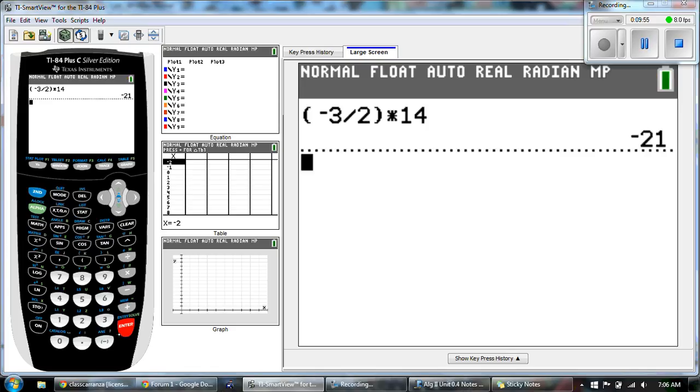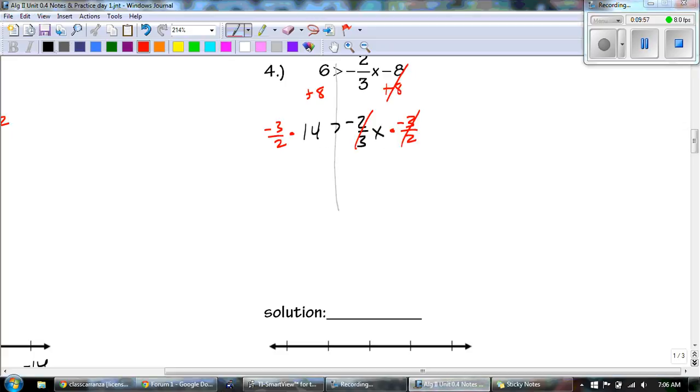And we get -21. Okay, so -21. I just multiplied by a negative, so I have to flip that sign, but then my variable's not first, so back here we had to flip. X comes first, negative 21.